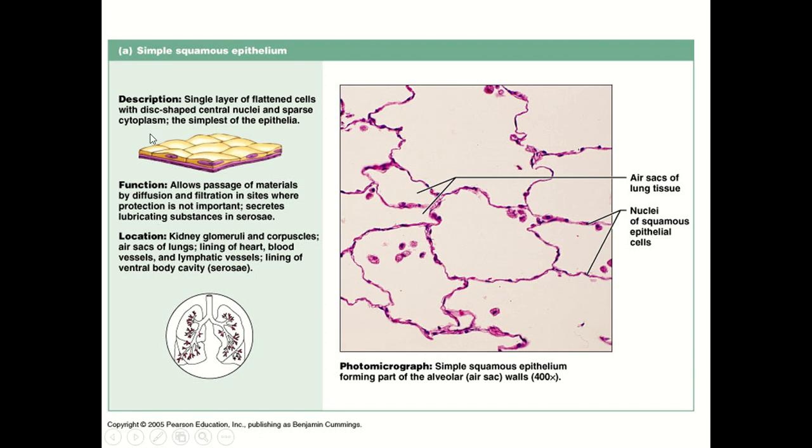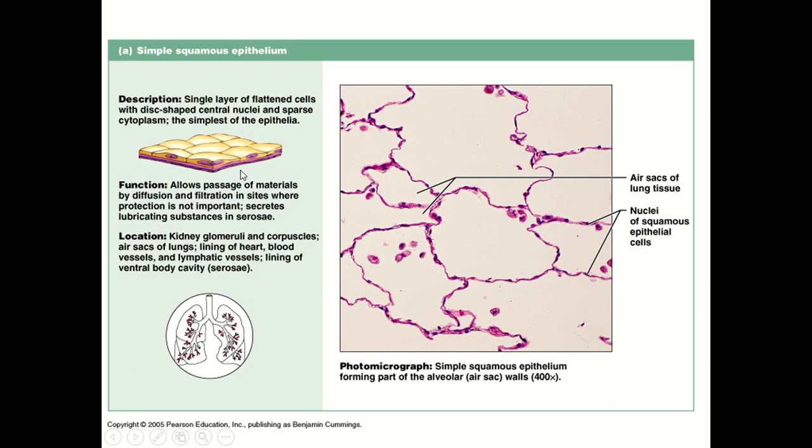For simple squamous tissue, remember, simple means it is made up of only one layer of cells, and squamous means the tissue is composed of flat cells. So it is a single layer of flattened cells with D-shaped central nuclei and sparse cytoplasm.